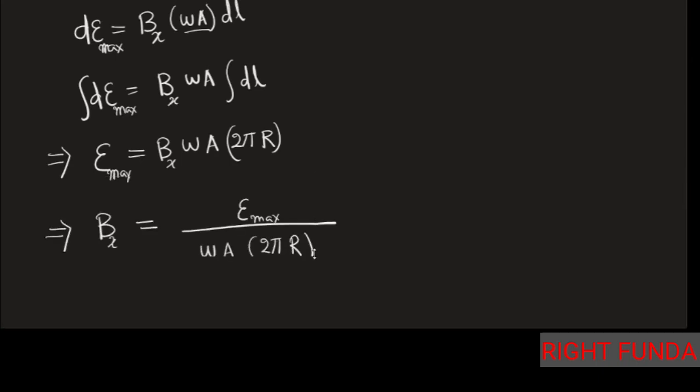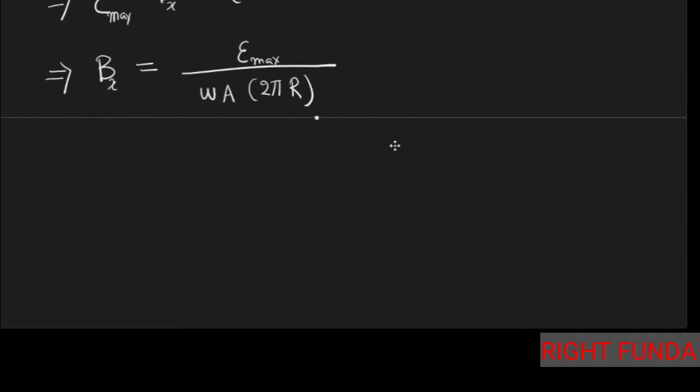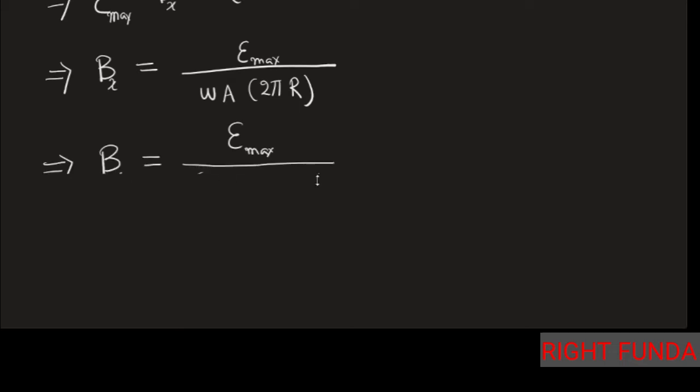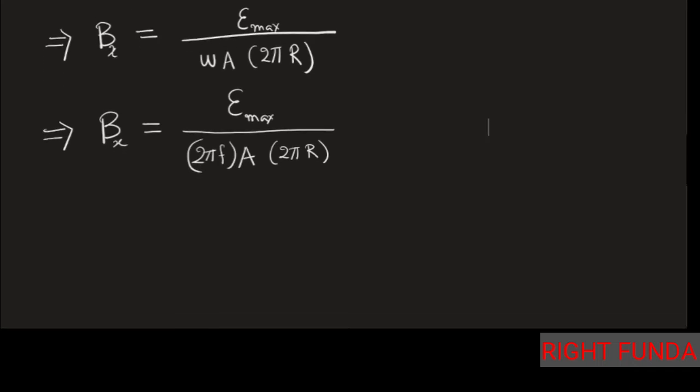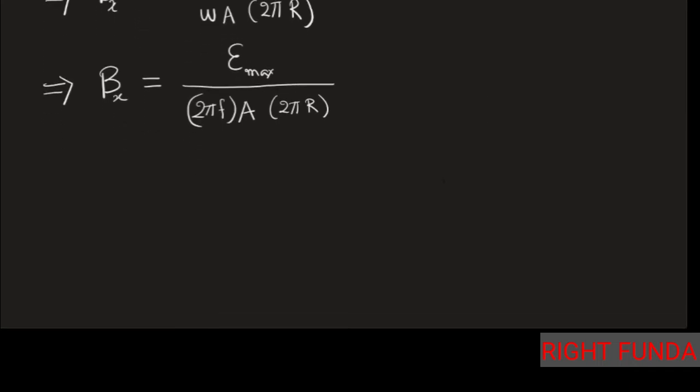From this, Bx equals E max divided by omega a into 2 pi r, where omega is 2 pi into frequency, a is the amplitude, and r is the radius of the ring that is given to us. So we calculated the formula for Bx.